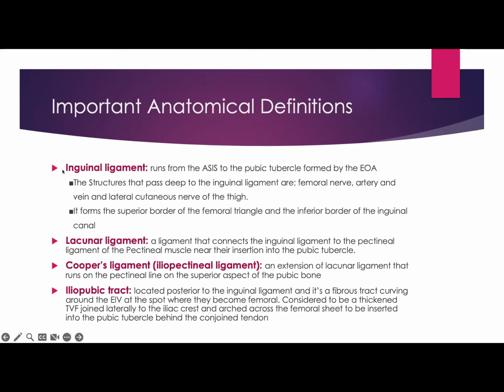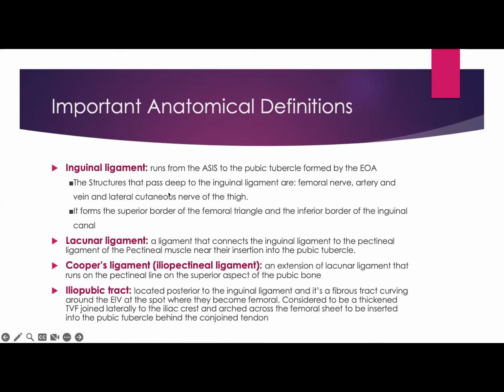So these are just definitions of the ligaments in order to understand the border. Okay. So the inguinal ligament runs from the anterior superior iliac spine to the pubic tubercle, and it's formed by the aponeurosis of the external oblique.